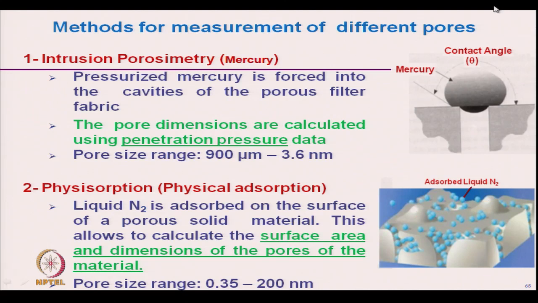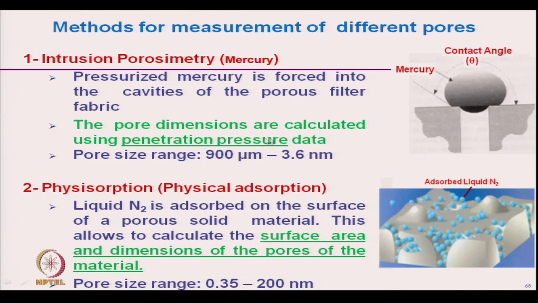First is intrusion porometry, that is mercury intrusion porometry. This is the method where pressurized mercury is forced into the cavities of the porous filter fabric. Here is the cavity, and the mercury with a very high contact angle is forced into it.